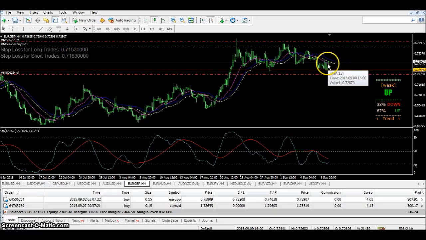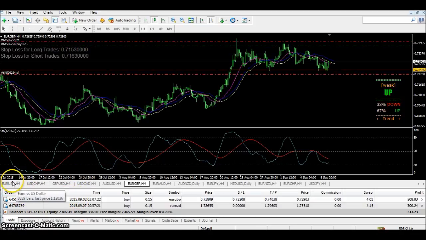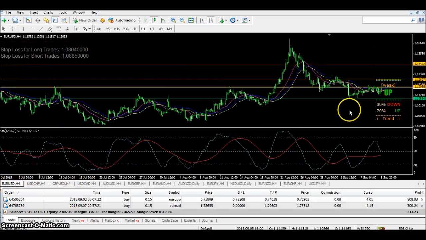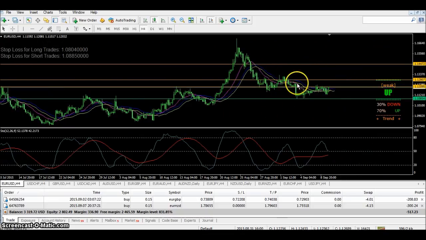So I'm waiting on it to either go up to where I can take just a little bit of a loss on it, or possibly take profit, but I'll probably end up taking a little bit of a loss. If you look at some of these, like here's the Euro USD, see it's been doing the same thing. And when it does that, it's kind of bad. So you have to kind of watch these things.